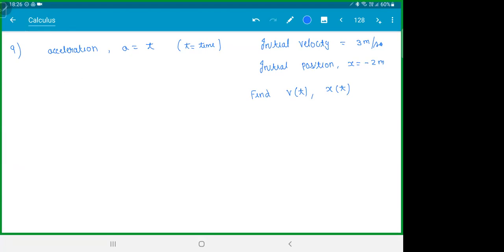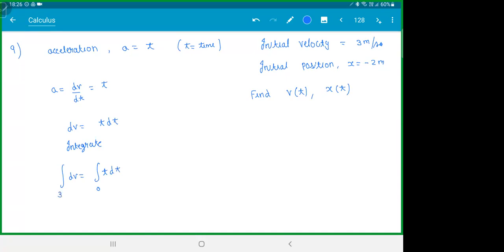Acceleration will be dv by dt, and this is equal to time. So dv is equal to t into dt. Integrate. So integral dv is equal to integral t dt. When time is 0, velocity is 3. The initial conditions are given.